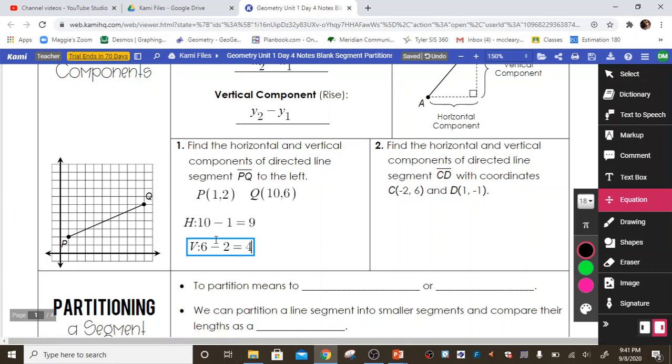So as the directed line segment moves along from P to Q, it moves to the right 9 because this is a positive number, and it moves up 4 because this is also a positive number. So right 9, up 4, that is our run and our rise. Okay, see if you can do number 2 here.